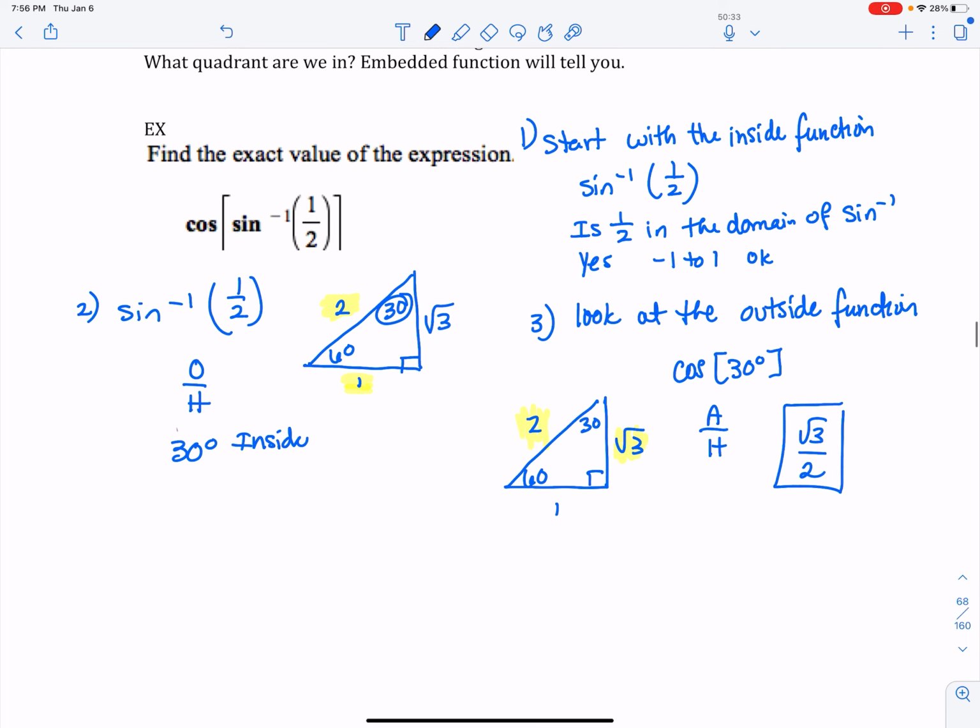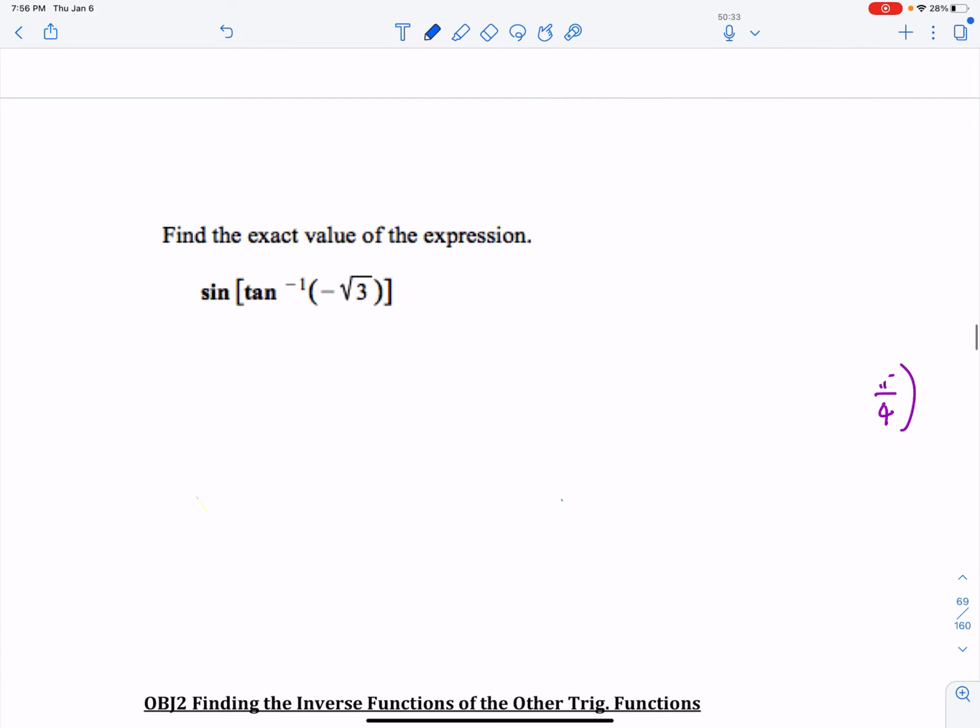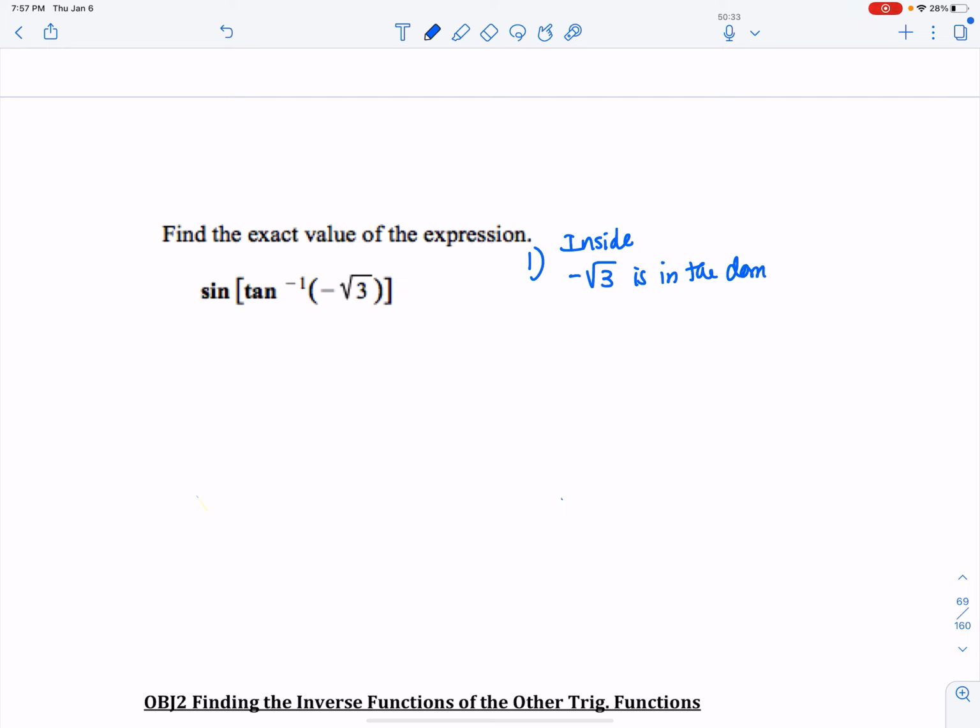All right, let's work on the next one. So the next one says find the exact value of the expression, and the inside function this time around is inverse tangent of negative radical 3. So once again, we're working on the inside function, and our first question is whether negative radical 3 is in the domain of inverse tangent.